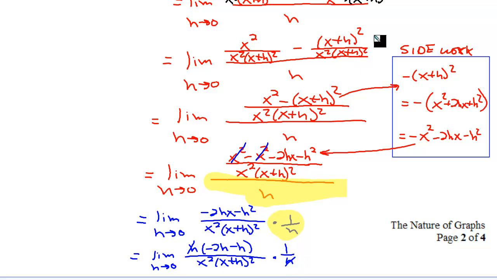H's cancel. Let me see if I can gain some more room here. So that gives us the limit as h approaches 0 of negative 2h minus h over x squared times the sum of x and h squared.